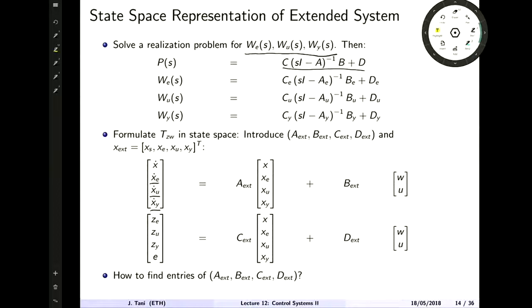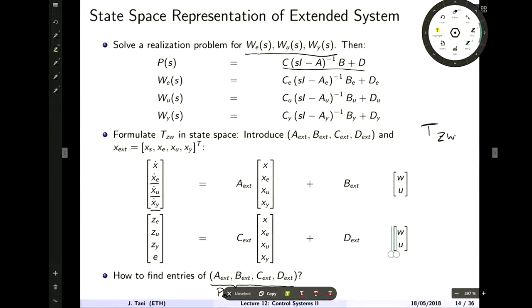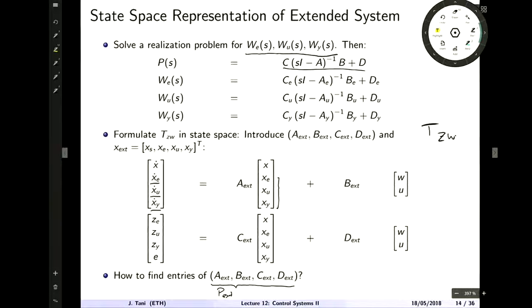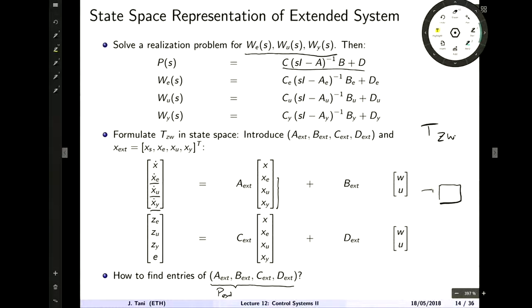So instead of having our TCW in frequency space, we now have, call it P extended, a state space representation of our extended system, which includes the original state of the plant and the state of all the W's, and which has as input what is coming from the left-hand side, so W and U. Remember this chart again.